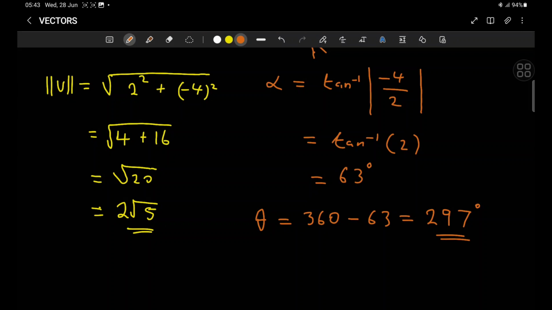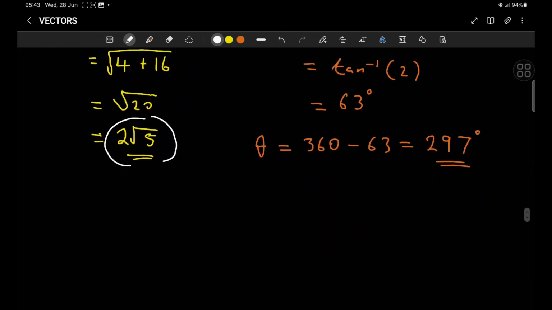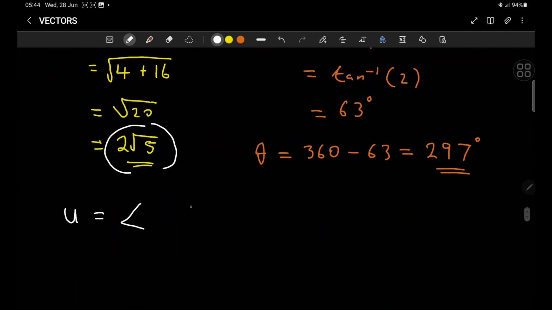Then finding the unit vector, we said we need to divide the vector by the magnitude, and what we'll have is the unit vector. So let's do it. Our unit vector u will be equal to the vector divided by the magnitude. Our vector is 2, negative 4. So 2, we'll divide it by 2 root 5, and negative 4 over 2 root 5.